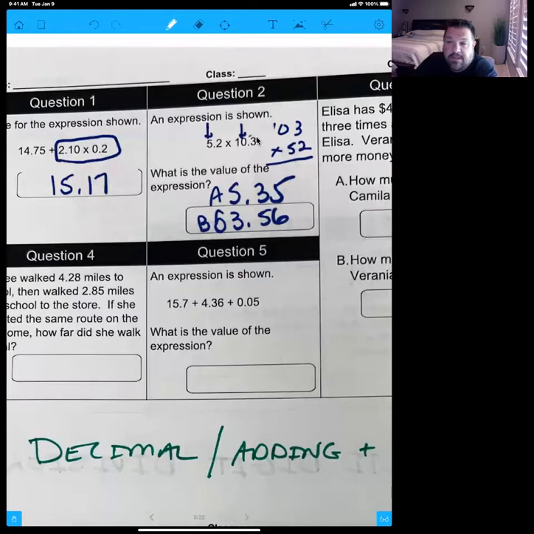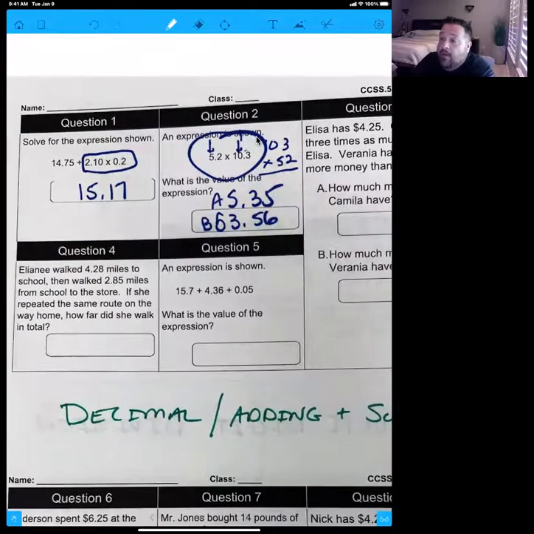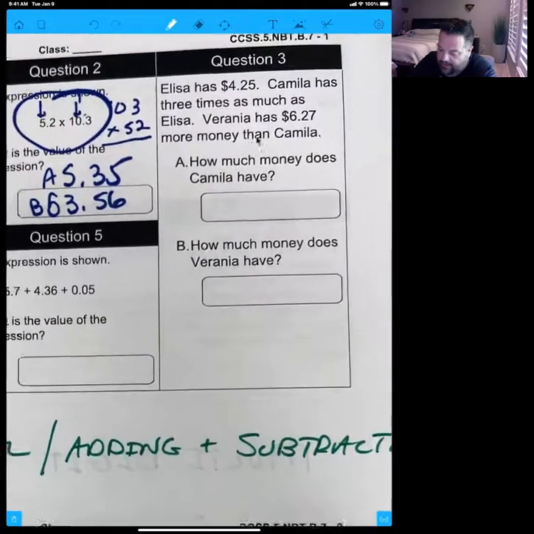So a lot of times they give you these problems just to see if you understand what to do and not necessarily because they want you to work them out. So always do that quick estimate. I look at this and I immediately go, my answer should be somewhere near 10 times 5 is 50. The answer's got to be near 50. Now, on the same token, if the choices were 53, 51, 54, and 55, then you got to do the work, right? So far, I don't usually see them doing that. Look at number 3.